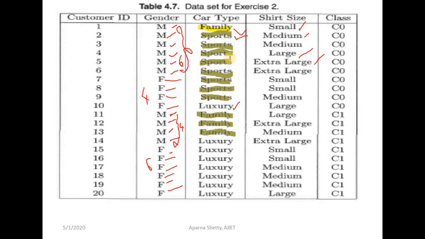Correct? All the 8 sports cars belong to class 0, and none of the sports cars belong to class 1. So class 0 for sports car count is 8. Class 1 for sports car count is 0.